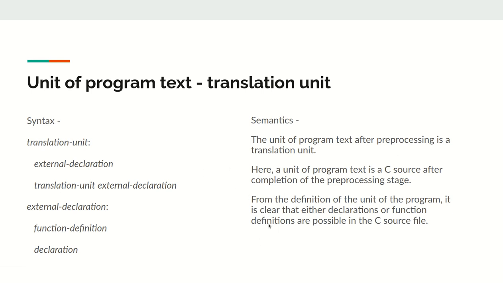So either a function definition or a declaration will be there in the .i file. We will see one example of a .c file with empty lines, and we'll see each function definition and declaration by placing them one after the other in the subsequent slides.